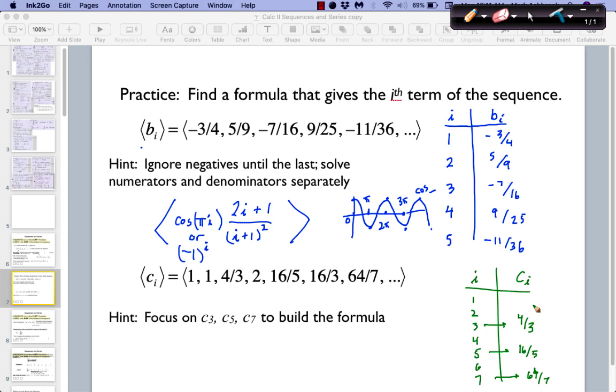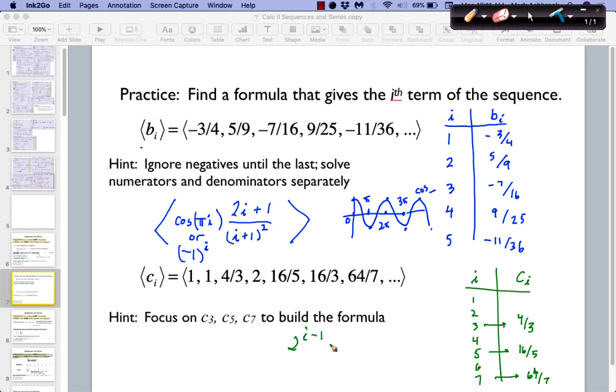Yeah, they're all powers of 2. So this is 2 to the power of what? 2. 2 to the power of 4. 2 to the power of 6. So comparing those powers, 2, 4, and 6, to the I value, 3, 5, and 7, our numerator is 2 to the I minus 1. Did you get that?